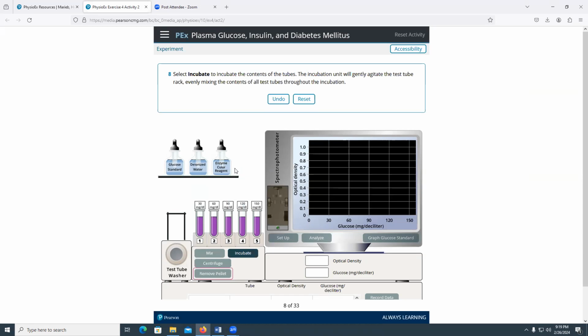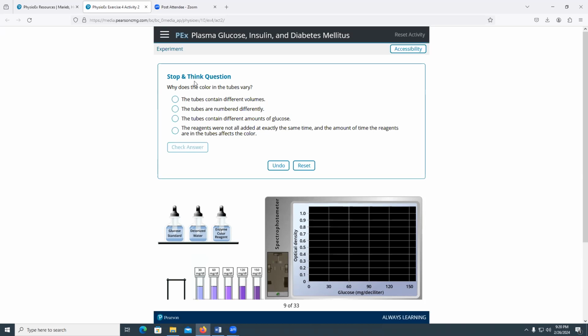The more concentration of glucose, the less the transmission, and the more optical density. So the more concentration of glucose, you will have more dense objects preventing the passage. So you will have high absorbance and low transmission. Let's click on incubate, and then we have incubated everything.